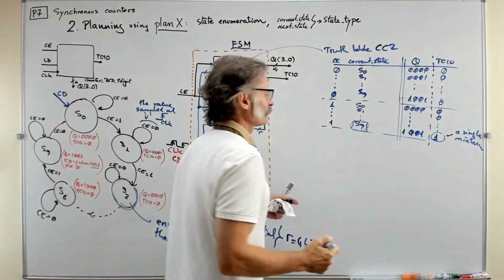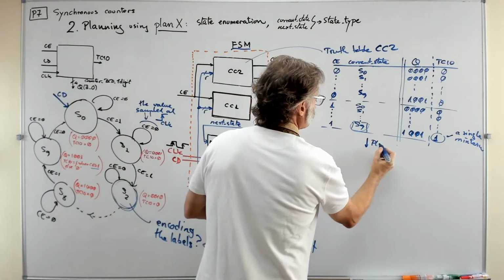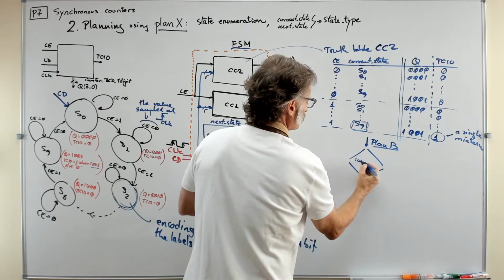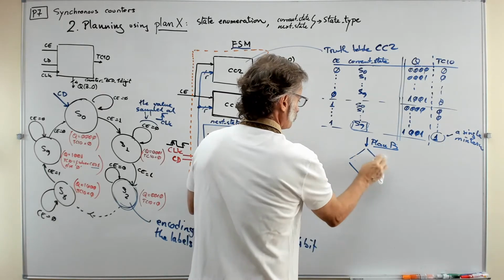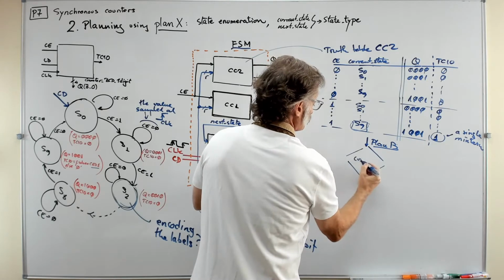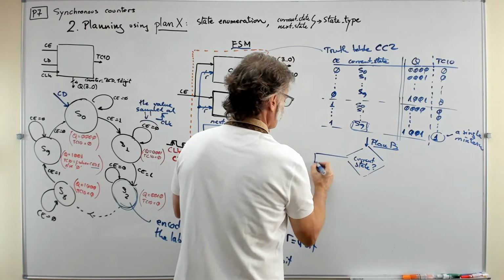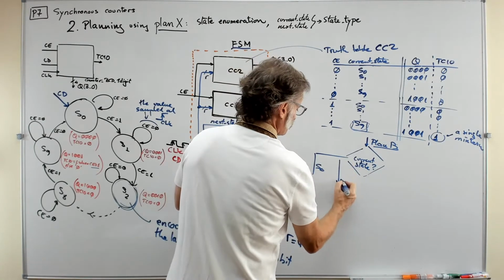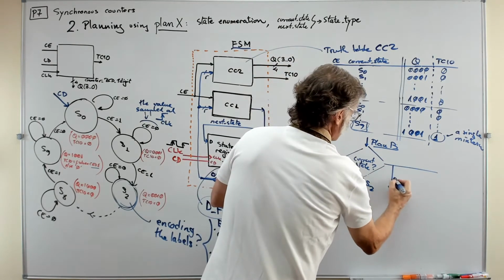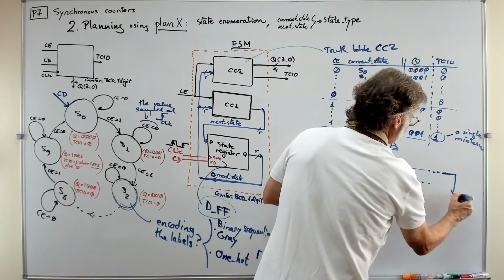if you have the truth table of the CC2 like this, you can very well now translate the table using the plan B as usual. So asking a question here, which is the value of the current state? Here you may say S0, S1, S2, S3, and up to S9.